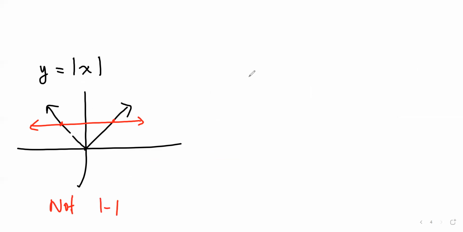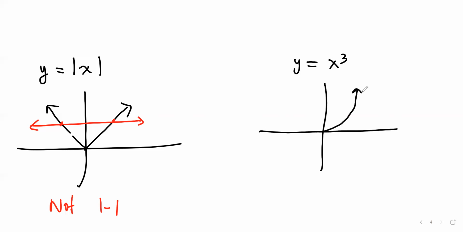But if I take this function, let's say y equal to x cubed, the graph is like that. And this one is one-to-one, because if I draw a horizontal line through the graph, it's just going to have one intersection point. Okay, and therefore this will have an inverse without any restriction.